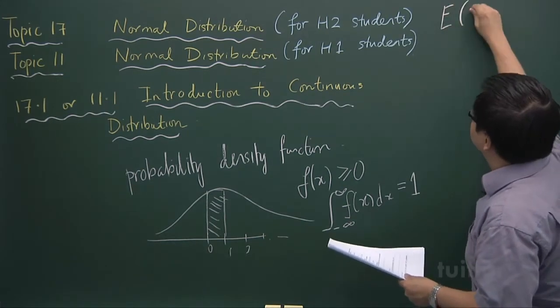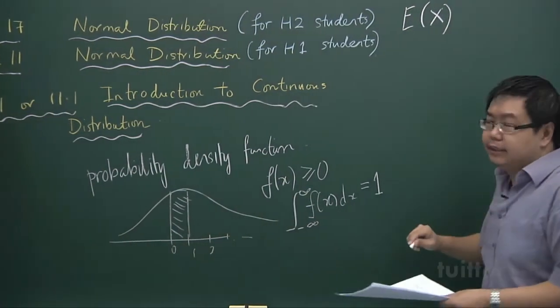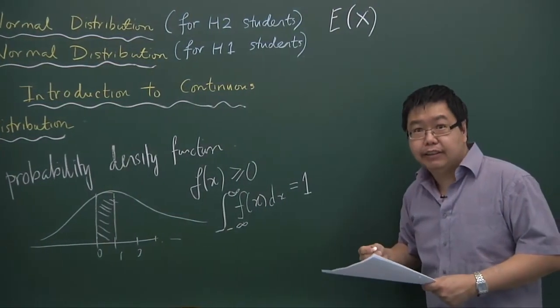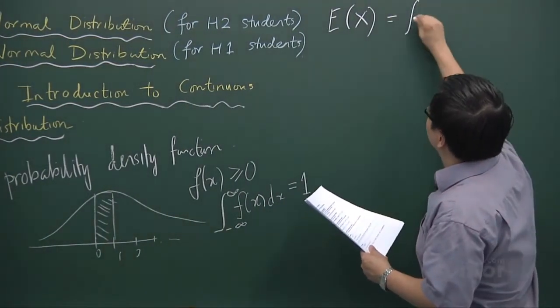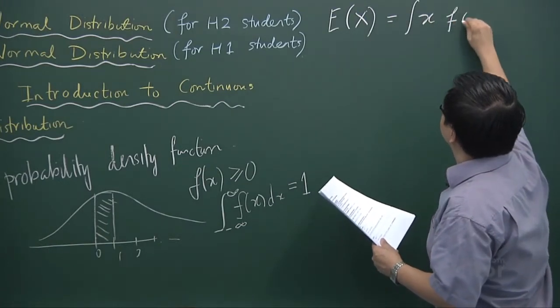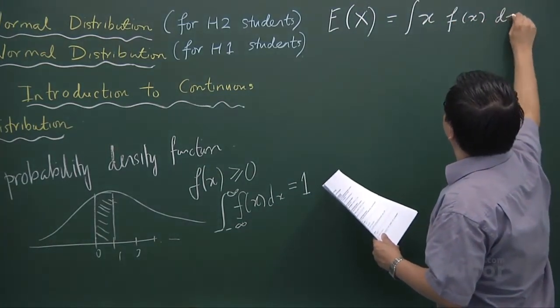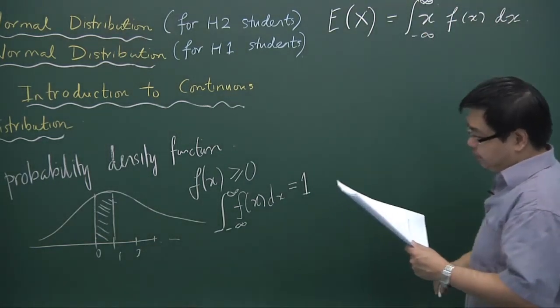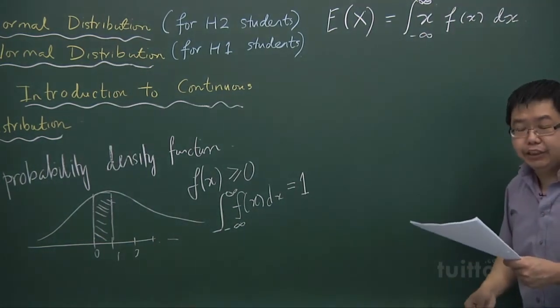The expectation of a random variable, just like in the case of a discrete random variable, is the average value of x. And the expectation of x is given by the integral of x times the density function.